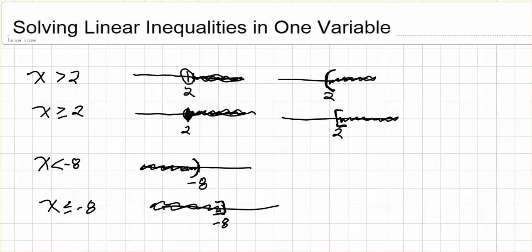So for this first one, x is greater than 2, we write 2, comma, infinity, meaning the leftmost bounding point is 2, and the rightmost bounding point is infinity. Now we don't want to include 2, so we'll use a parenthesis. And we can never get to infinity, so we'll also use a parenthesis.